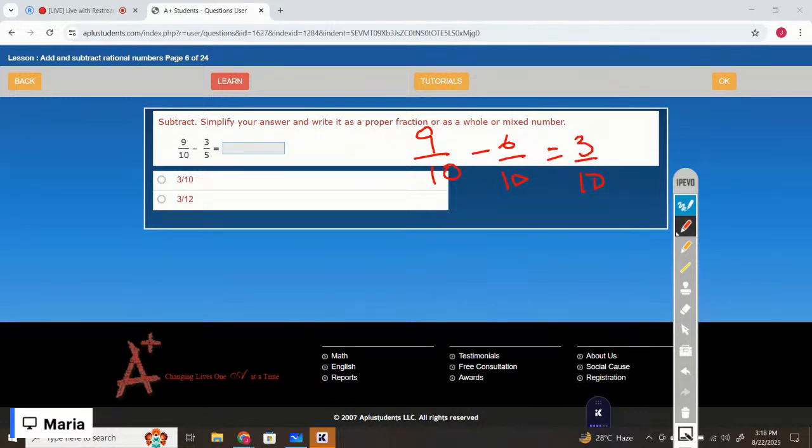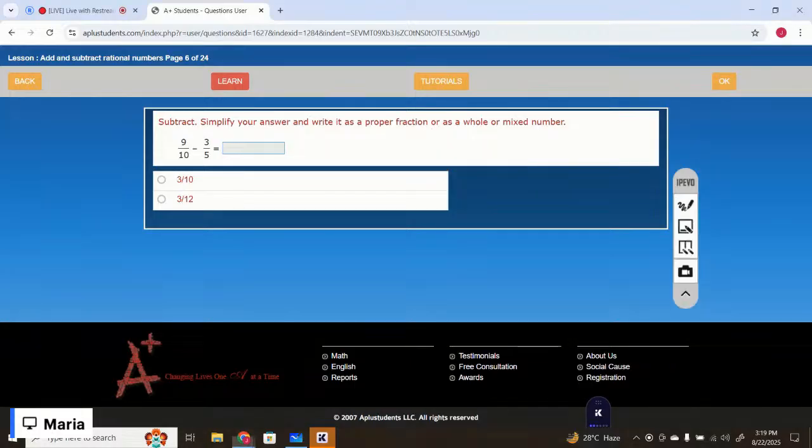Option number 1 is the correct option. That is 3 by 10.